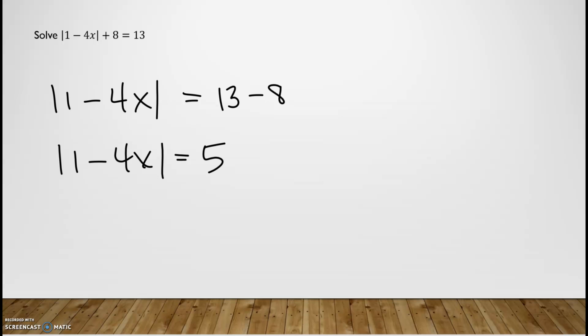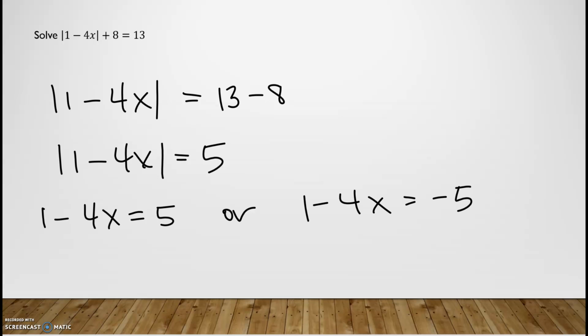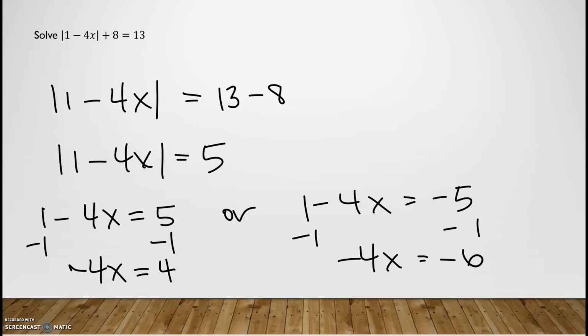And then what we're going to do is 1 minus 4x equals 5, or 1 minus 4x equals negative 5, and then solve both of those equations. So I'm going to subtract 1 from both sides. And I'll just go ahead and go across here. So I have negative 4x is equal to 4. Negative 4x is equal to negative 6.